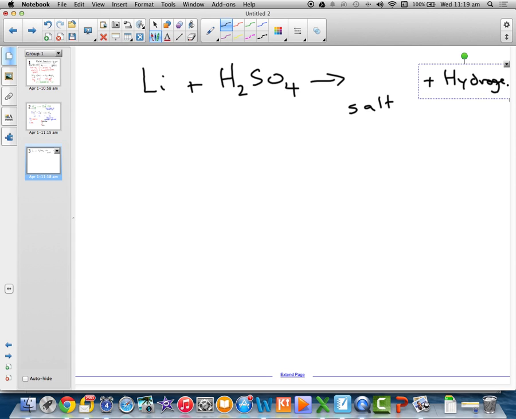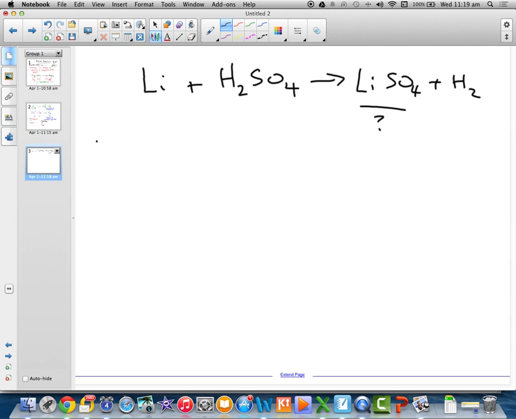Okay, so in terms of writing our chemicals down, I've sort of done words and symbols. Let me just go to just symbols. Let's do that. So we've got some sort of salt, so it's going to be lithium something, lithium sulfate, and hydrogen gas. Okay, before I balance, I need to make sure I've got the correct formula. So I'm pretty confident about the lithium, pretty confident about the sulfuric acid.